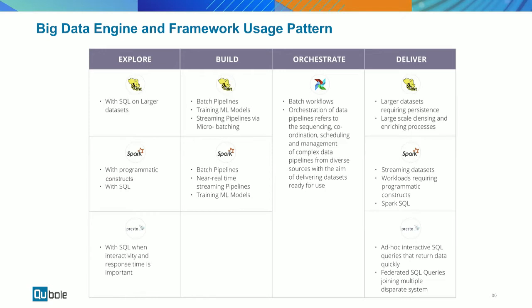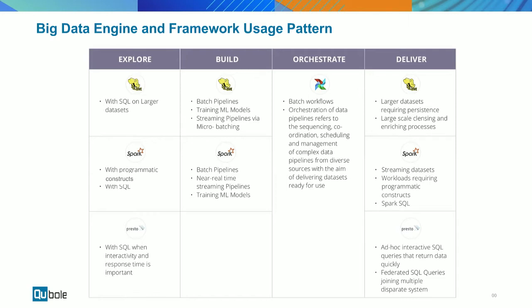And then for orchestration, of course, you would use Airflow, right? This works very well for batch workflows, and you can programmatically control and version and monitor all of your workflows through Airflow. And then to deliver the data set, again, you could use all of these engines. For larger data sets that are going to be persisted, Hive works really well.